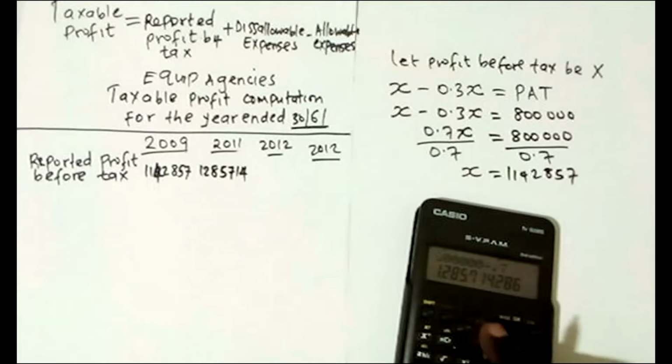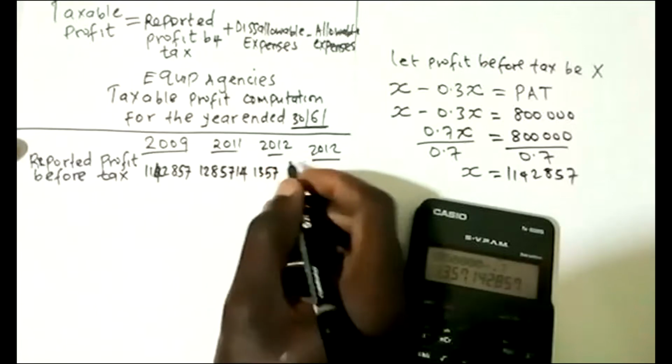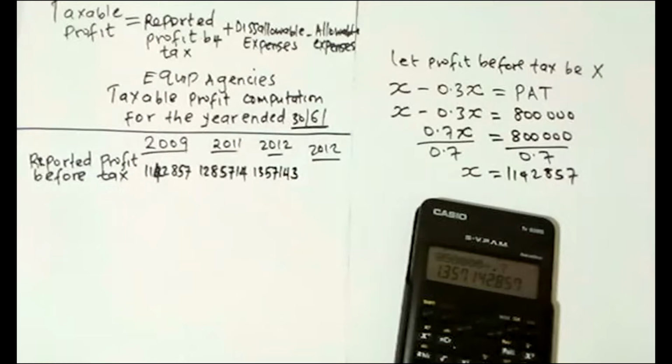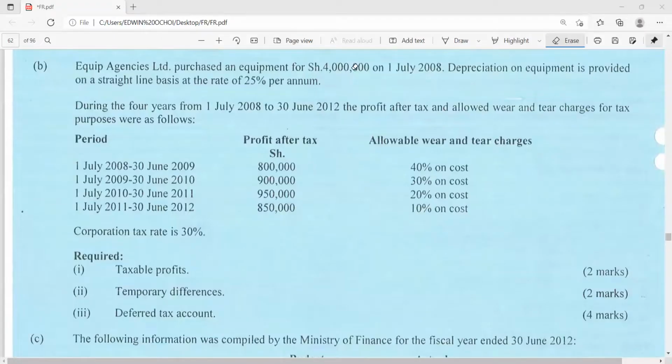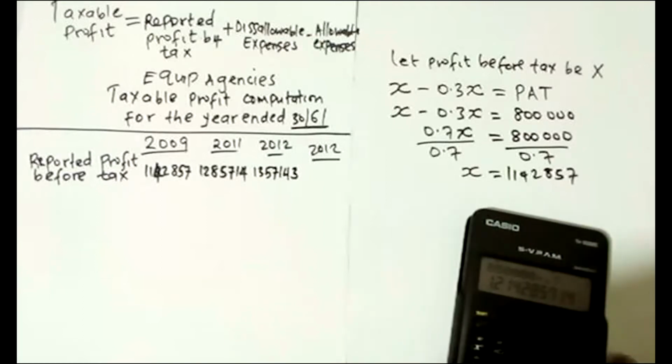Then the third one, profit after tax was 950, so 1,357,143. The last one, the profit after tax was 850, so it's 1,214,286.